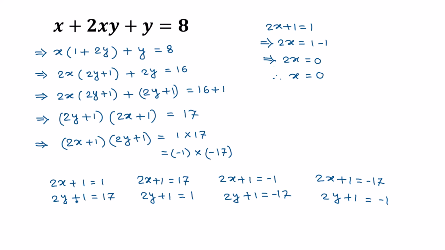And from this equation, 2y + 1 is equal to 17, or taking this 1 to the right side, we get 2y is equal to 17 minus 1, which is 16, and dividing both sides by 2, we get y is equal to 8.